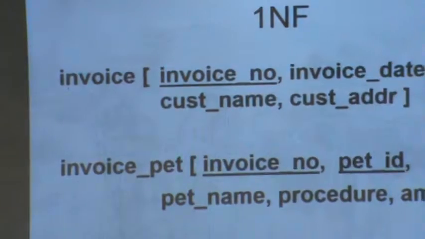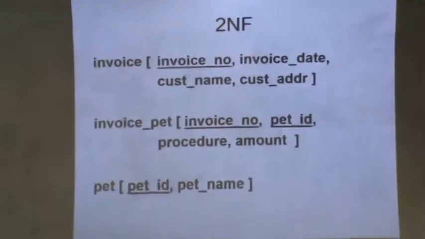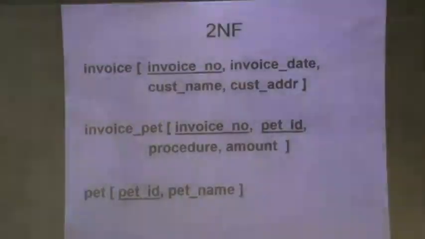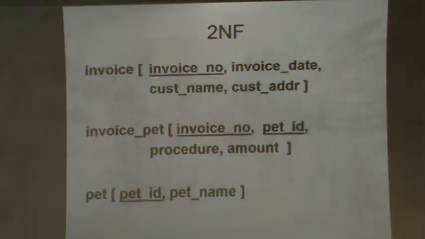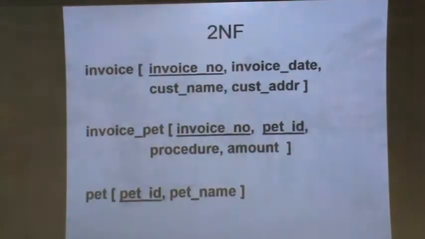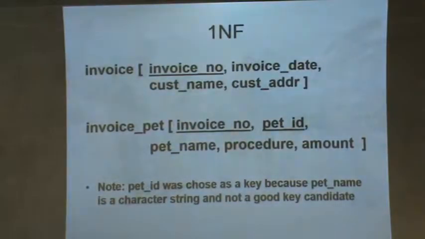So for our next target, which is 2NF, our main target is to remove the repetitive values. Here, when you have invoice number and again invoice number, and also paid ID the first time, you can realize that if I now separate the paid ID and paid name into a different table, there will be fewer repetitive values. As I'm saying here, if I have more than one paid, then this table will still have repeated values, right?